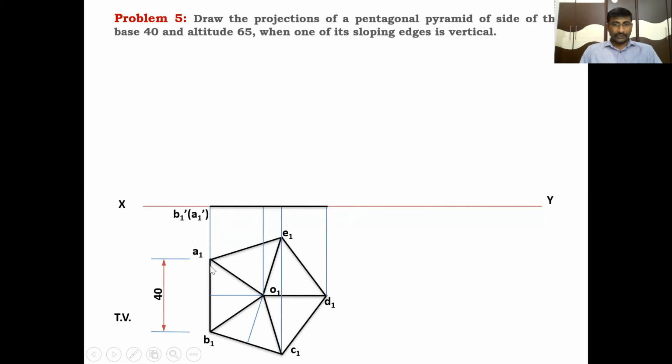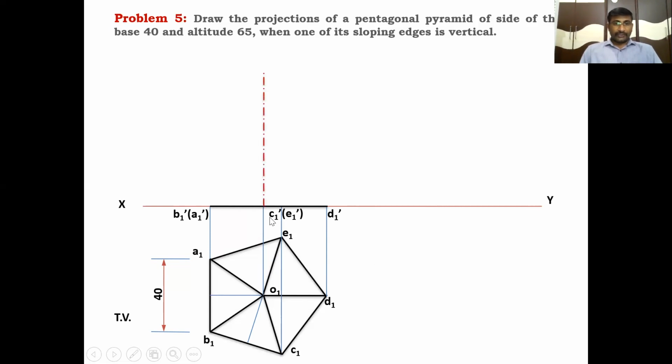That's why I'm locating this front view point as B1 dash, A1 dash. Clear? And the next point: C1 is visible, E1 is invisible. In the front view, you have to locate them like this, C1 dash, E1 dash. E1 dash is the invisible corner, so in the front view you have to locate it with dashes. And this point is D1 dash, which is the visible point.